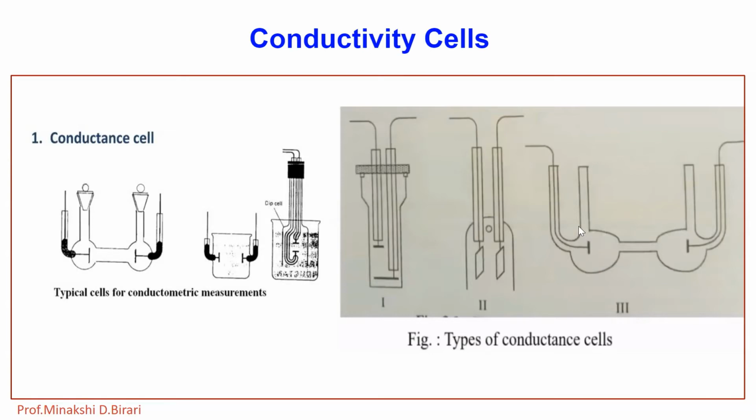Various types of cells are usually used in the laboratory. The dipping type cell is used for industrial measurement, that is the second one. And the third cell is used when accurate results are required.